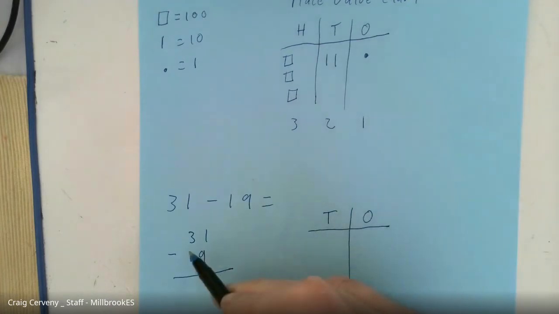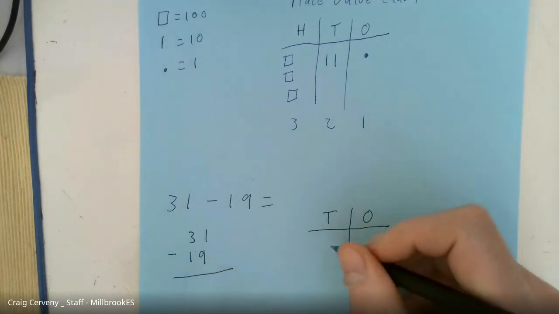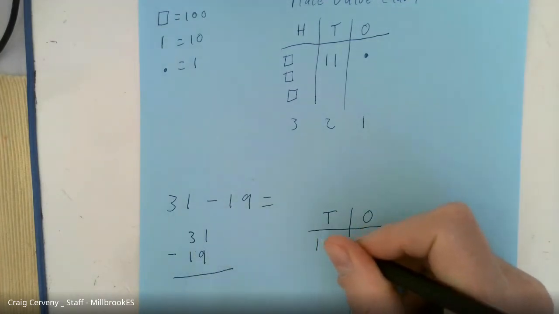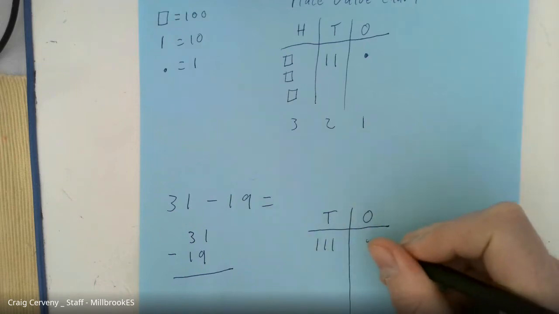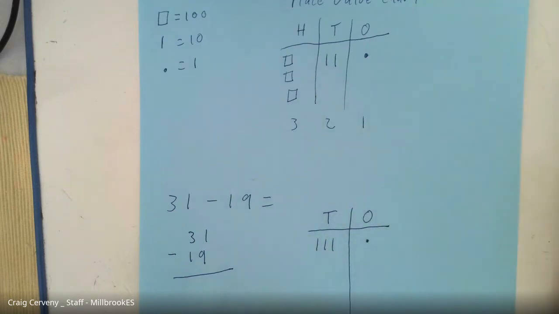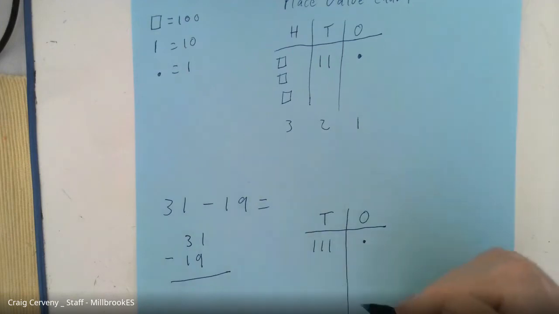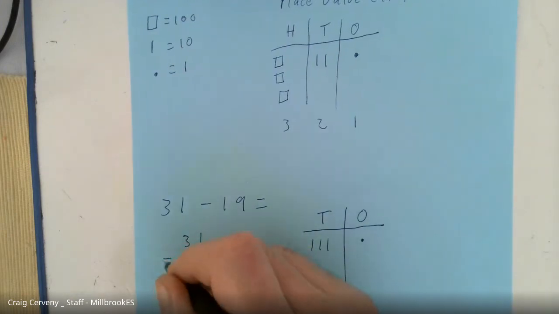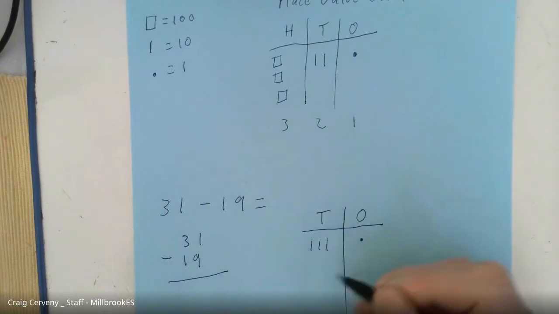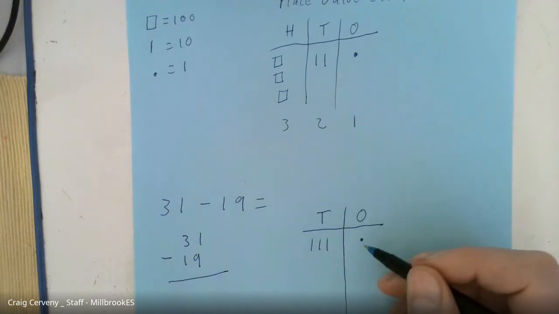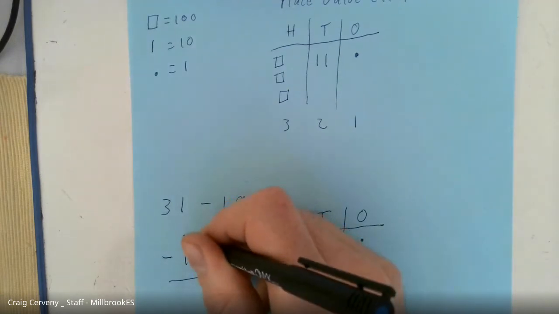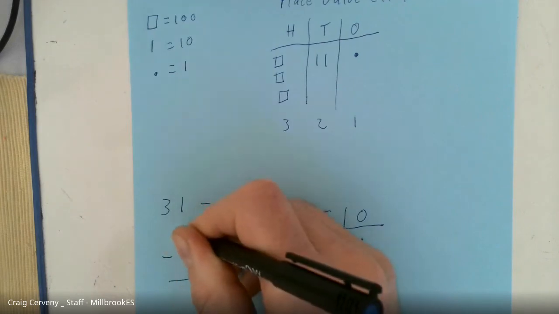We always start with the first top number, so we have 3 tens and 1 one. Then we look at our subtraction sign, and this is telling us that we're going to be taking away, or crossing out. Remember that these are our tens and our ones.